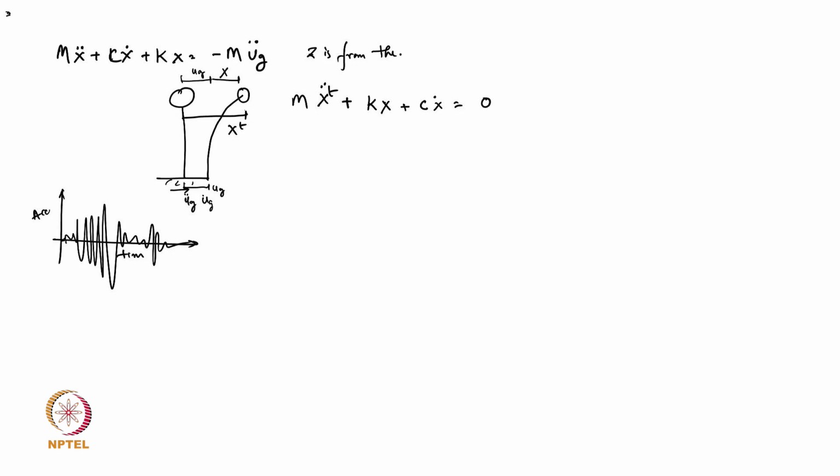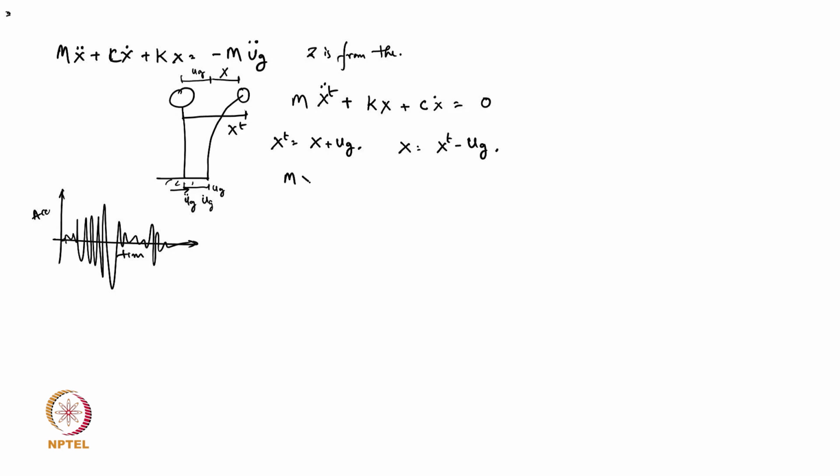Now your x total is nothing but x plus ug. Make sense? So if I substitute that, I can write x equal to x total minus ug.